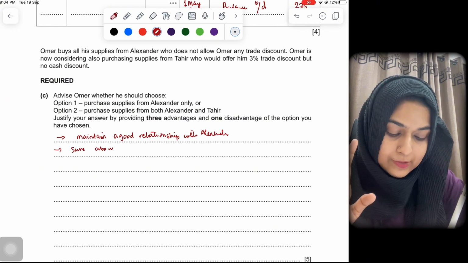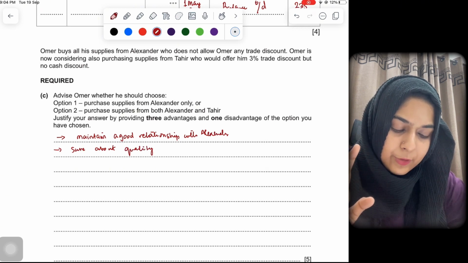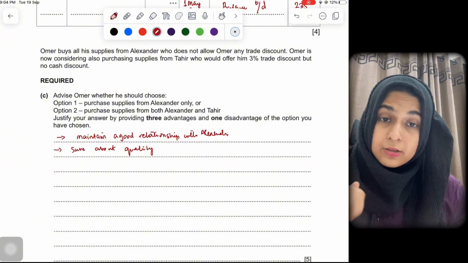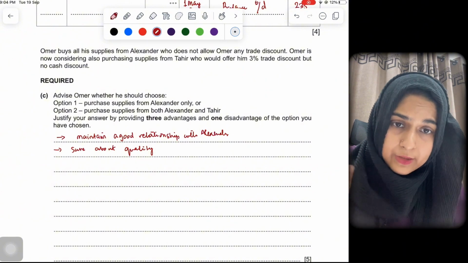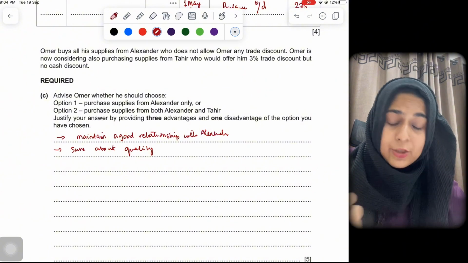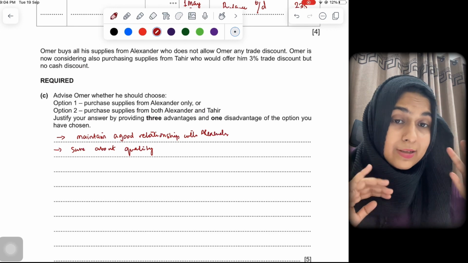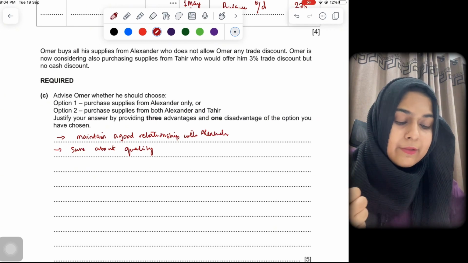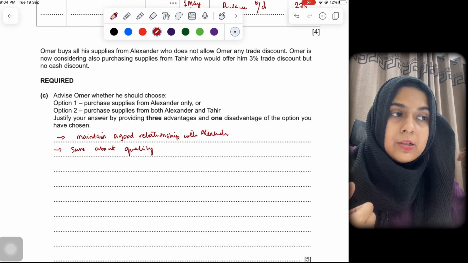Your customers are used to the quality that is being provided by Alexander. You don't know about Tahir, so there's uncertainty whether Tahir will give you the quality that is required.